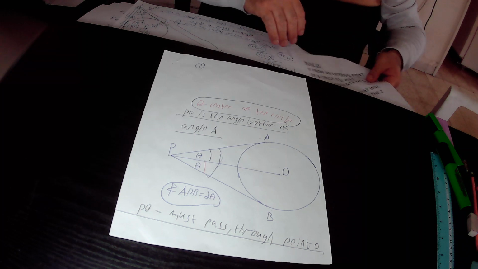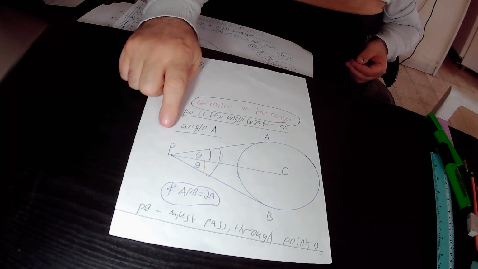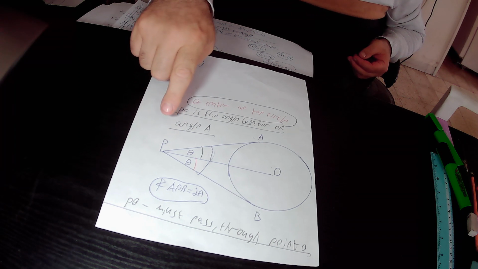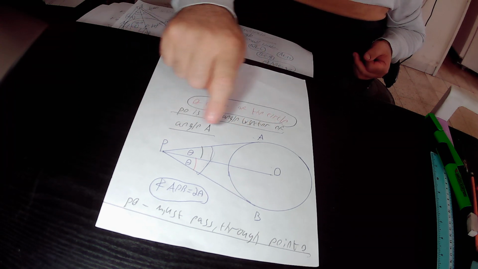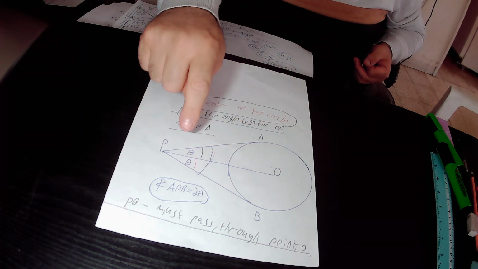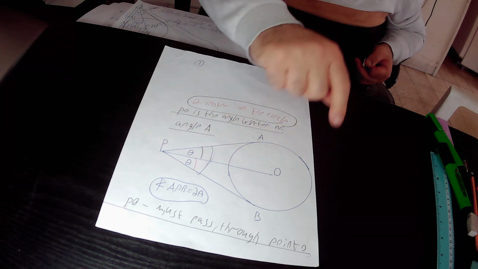In the drawing here, this is the common point P. From this point P, we have two tangents to this circle, tangent PA and tangent PB. By drawing them, we created this angle, angle APB.